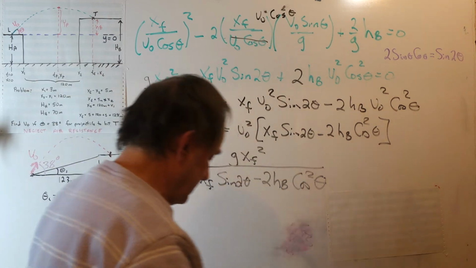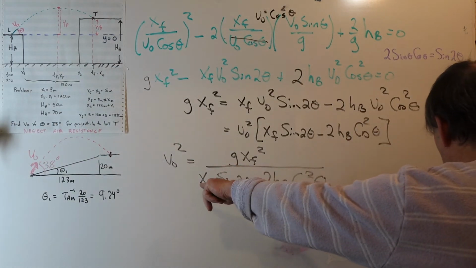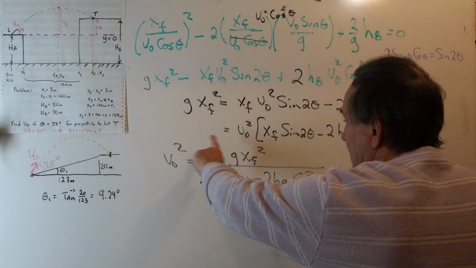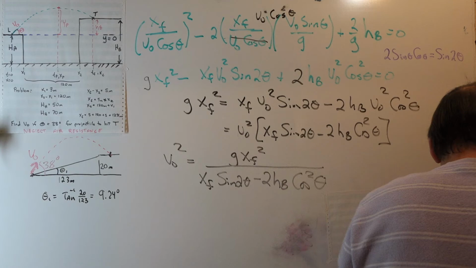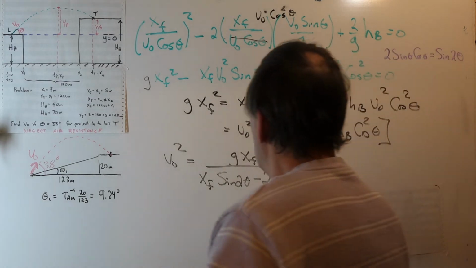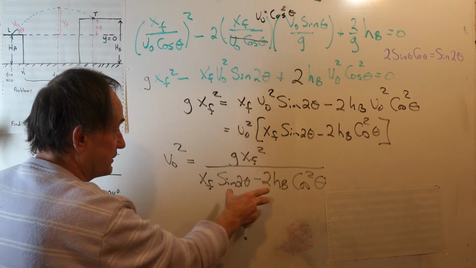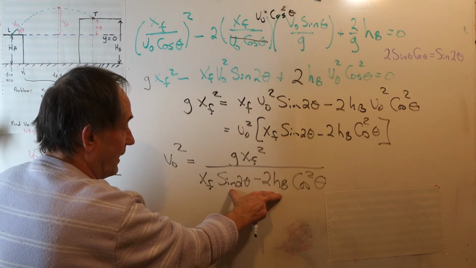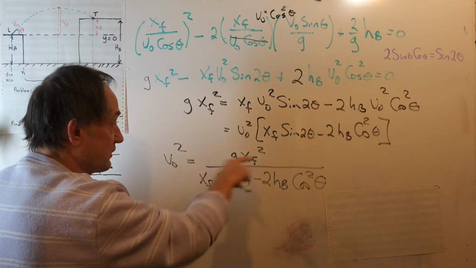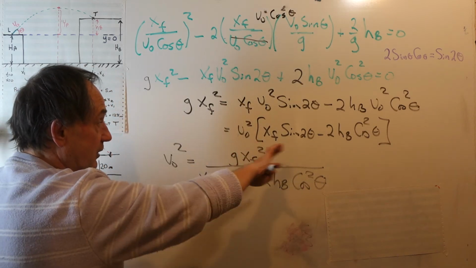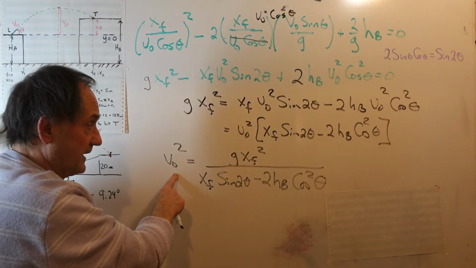So we're going to need to determine restrictions so that we don't end up with an indeterminate velocity, or that it's going to blow up or become negative. Remember, we're going to be taking a square root to get V0, so we can't have this quantity either go to 0 or become negative to take the square root.